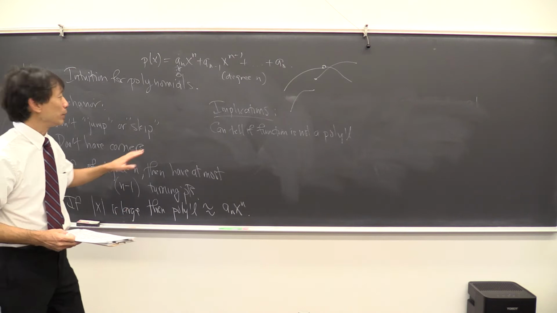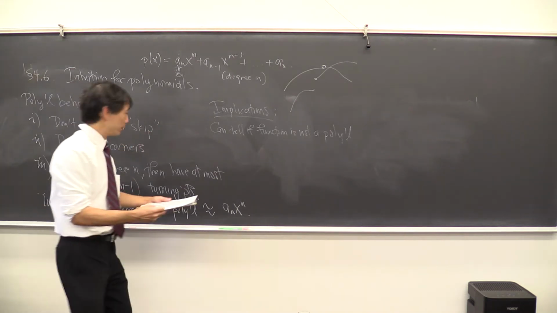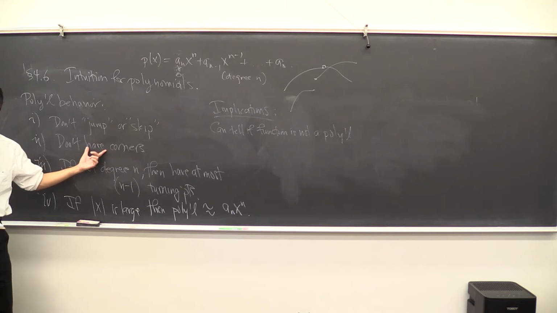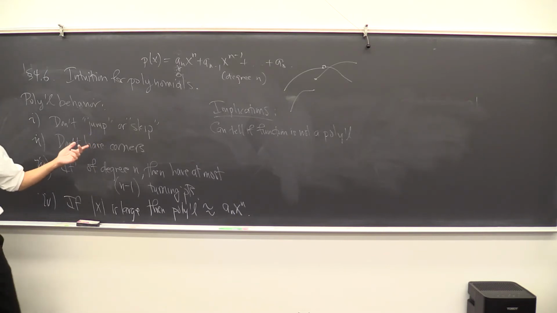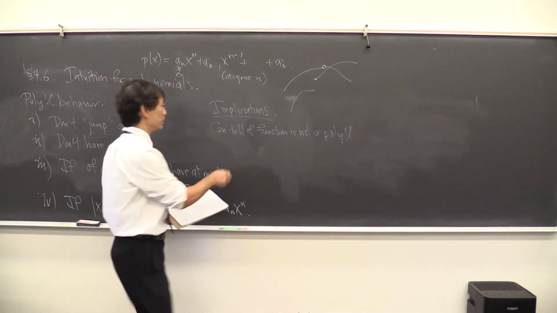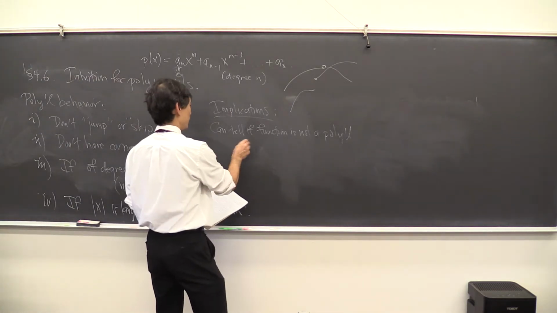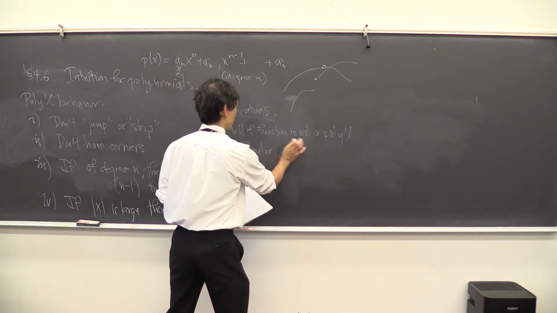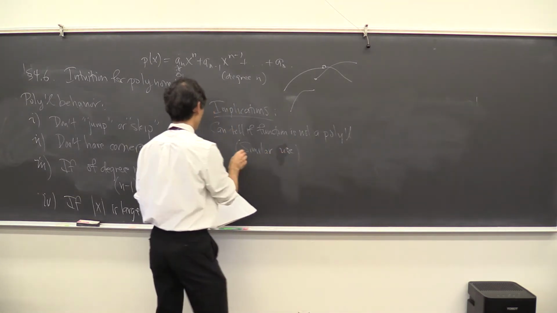So you can use this fact to tell if it's not a polynomial. The second fact is the same sort of thing. You can use it to tell if something's not a polynomial. If it's got a corner, you know it's not a polynomial. Similar purpose, or similar use.